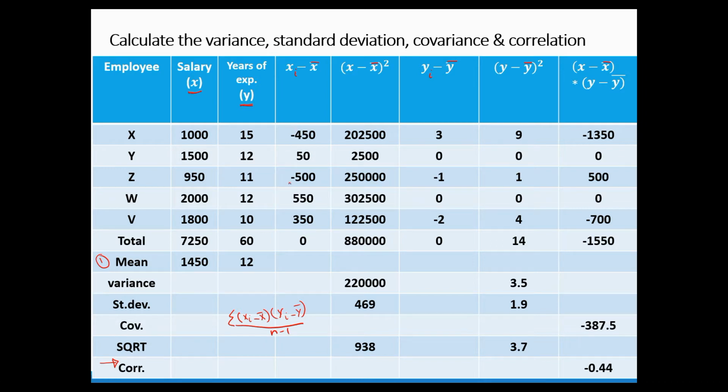If we add these numbers together, we get 0. This is because the negative numbers add up to negative 950 and the positive numbers add up to 950.